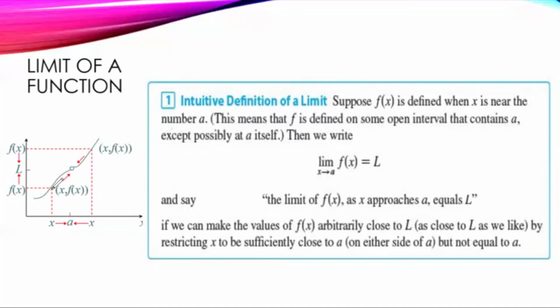The graph of the function is defined on this interval. So for example, now the assumption is that the value of a is inside the open interval. So suppose this is our a.